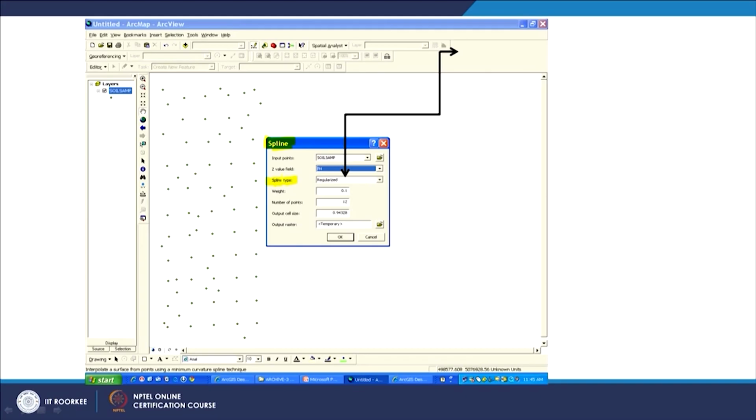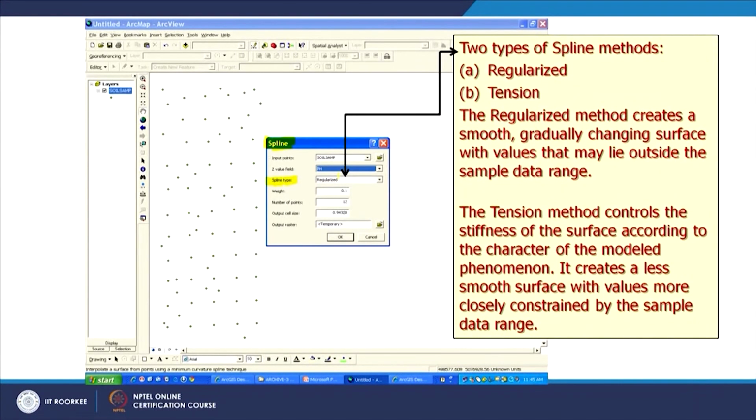But for the time being, if I say that I am going to use spline instead of the IDW interpolator, then there are various splines. First, two types: one is regularized, another is tension. If I choose the regularized method, it creates a smooth, gradually changing surface with values that may lie outside the sample data range.